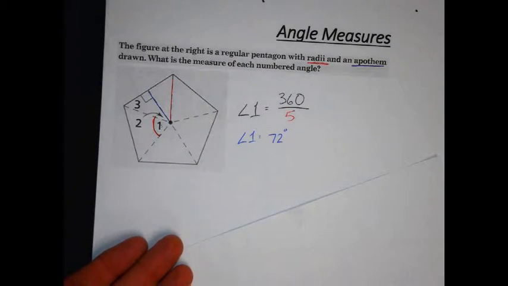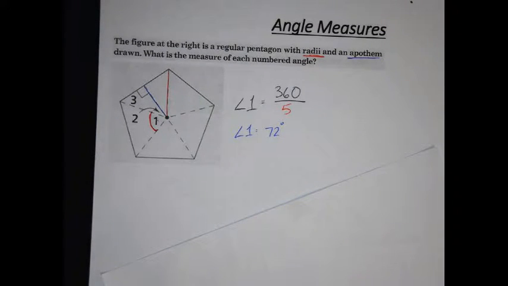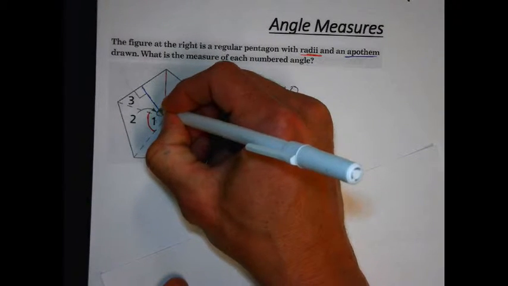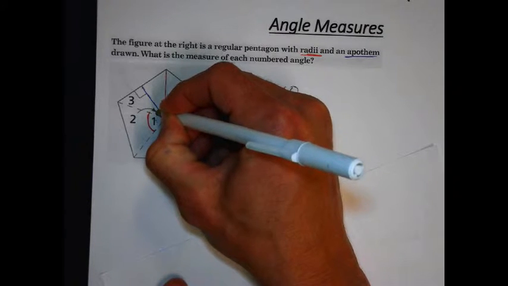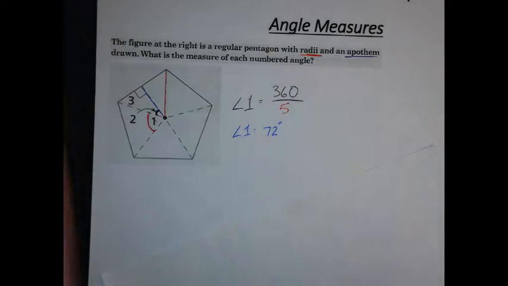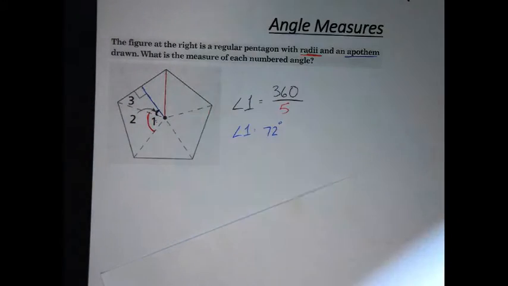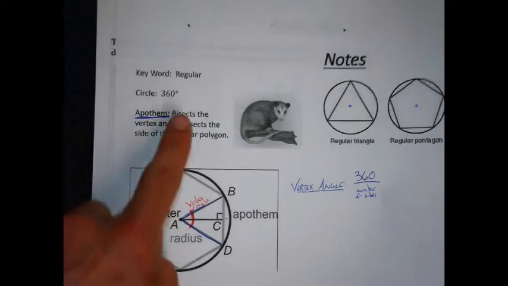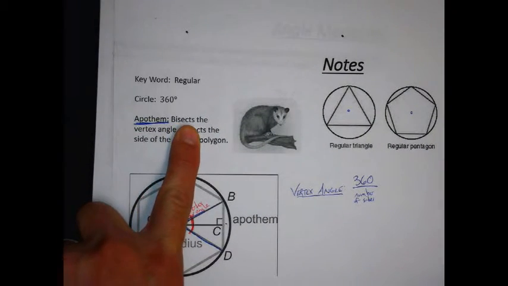Now, what about angle 2? If you can see, right in here is angle 2. Well, that's interesting because angle 2 goes from a radius to the apothem. What we have to remember about vocab is that the apothem bisects the vertex angle.